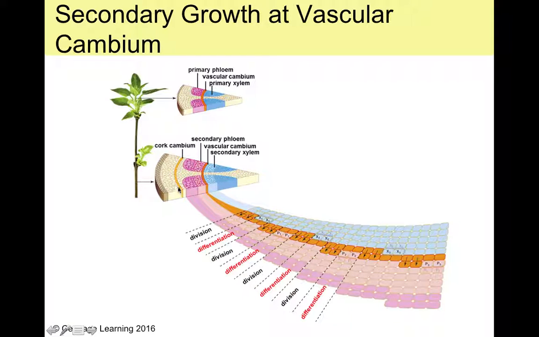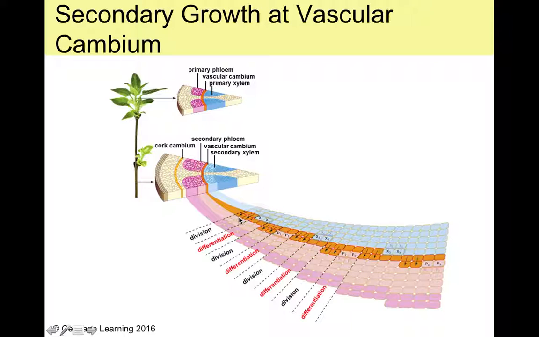So this is the cork cambium. The cork cambium is producing cells out this way that are essentially becoming bark. They're becoming cork cells, which are tough, dead cells, and then they end up becoming bark. Now, it's also producing tissues in this vascular cambium. The vascular cambium is the orange line, and that's growing tissues in and out.